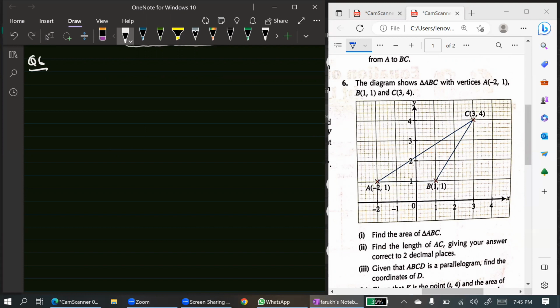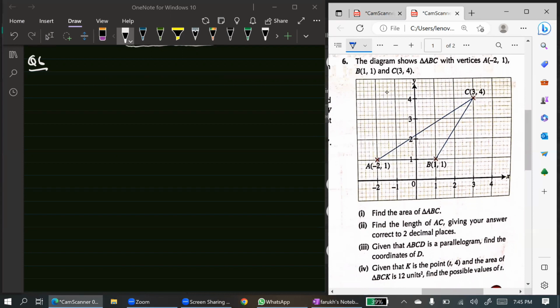The diagram shows triangle ABC with vertices A (-2, 1), B (1, 1) and C (3, 4). The diagram is given. The points are marked. Find the area of the triangle ABC. Now vertices are given. We will use the shoelace formula to find out the area of the triangle.